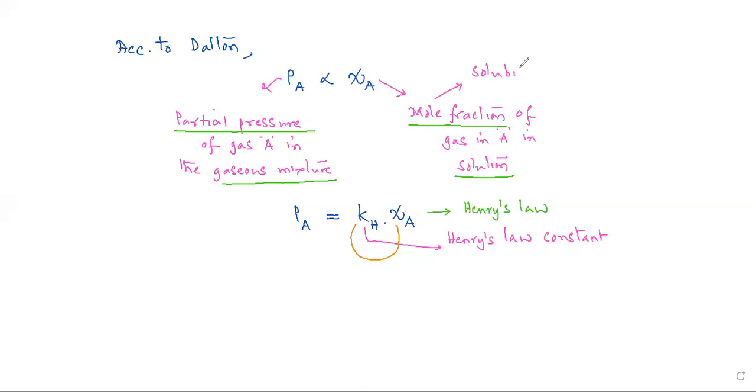In fact, it refers to solubility. So let me tell you that KH and XA are inversely proportional. Greater the value of KH, lesser is the solubility.